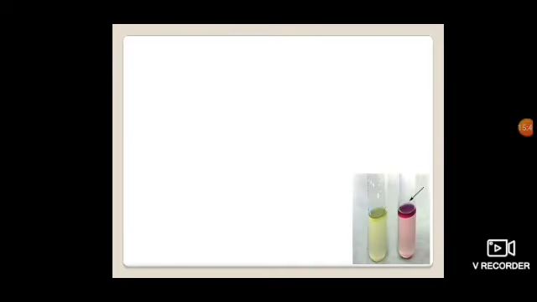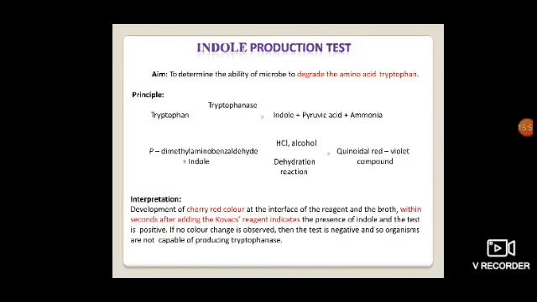Same as that, in that diagram we can easily observe at the interface of the reagent and broth, within seconds after adding the Kovac's reagent indicator. So here we are adding the Kovac's reagent for the observation of the positive cherry red color ring. If there is no observation, then the result is negative.